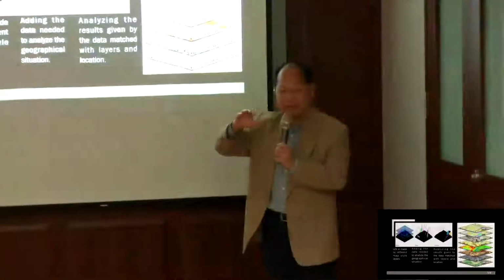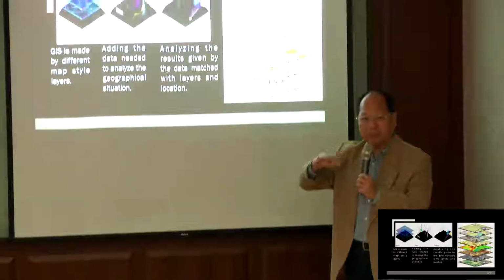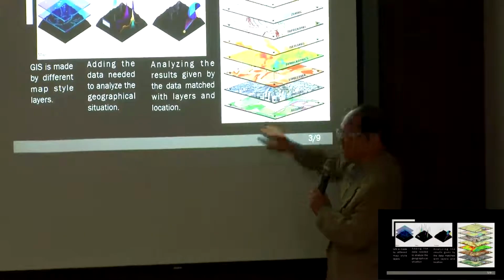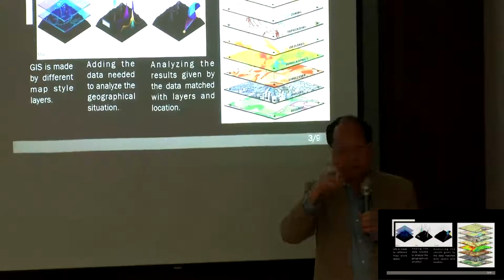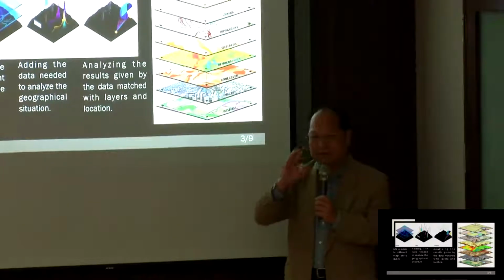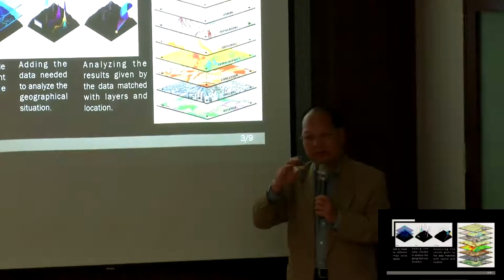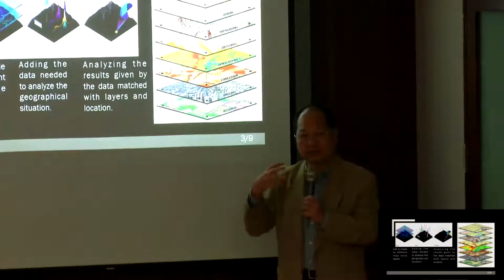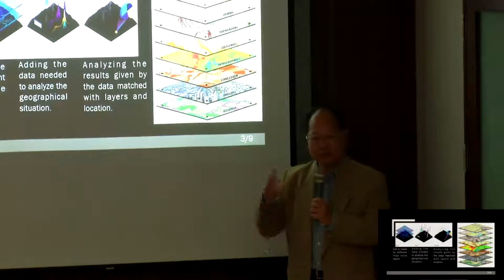You can put many inputs here. Somebody's question was about GPS, and GPS is not equivalent to or comparable to GIS. GPS is something you can use to identify your location.